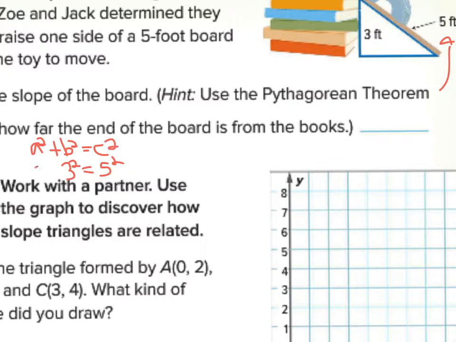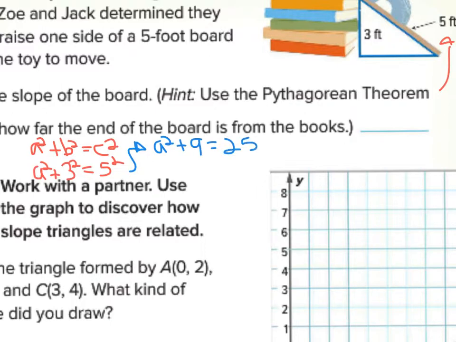So it's a squared plus 3 squared equals 5 squared. Now we have to isolate the a, but let's turn these numbers into what they are. This would be 9 because it's 3 times 3, and this is 25. So I have a squared plus 9 equals 25.